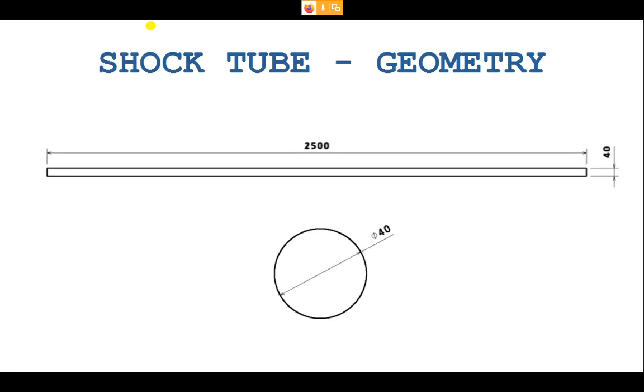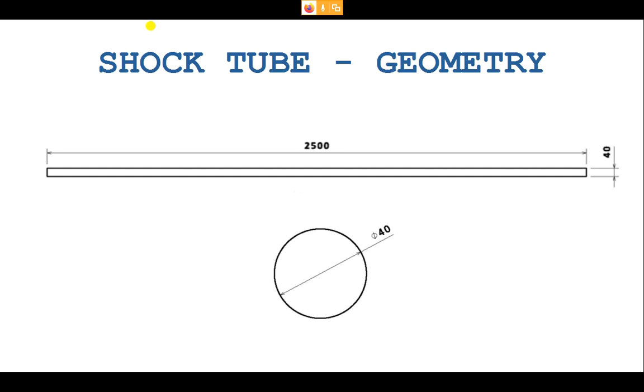Initially we decided that we could go with the CATIA design which we had for the experimental setup, but some of the simulation tools don't really need this CATIA geometry. So we took a tubular geometry, shown in the picture on top, with a length of 2500 mm and a diameter of 40 mm.